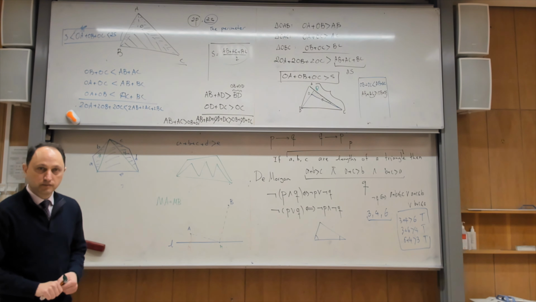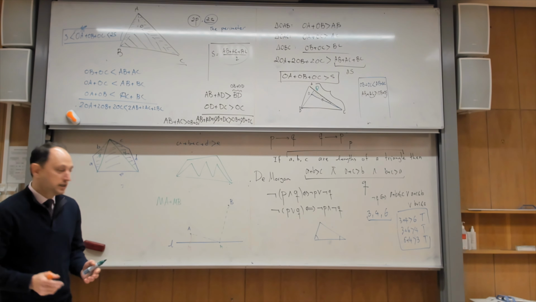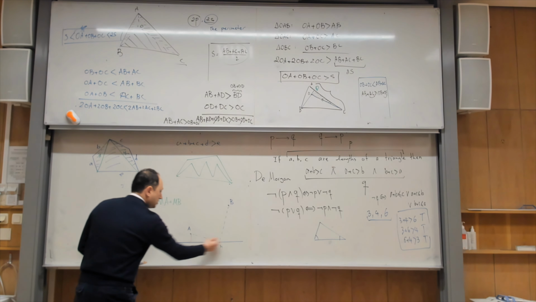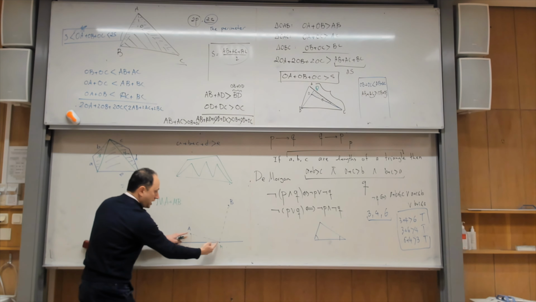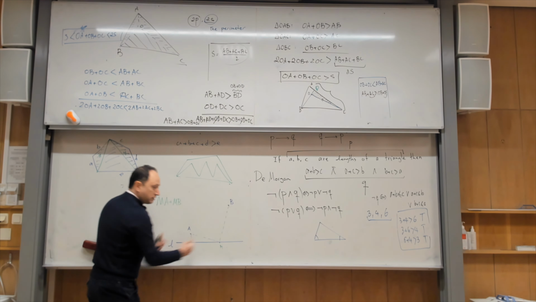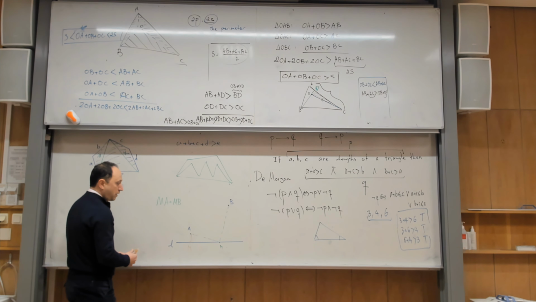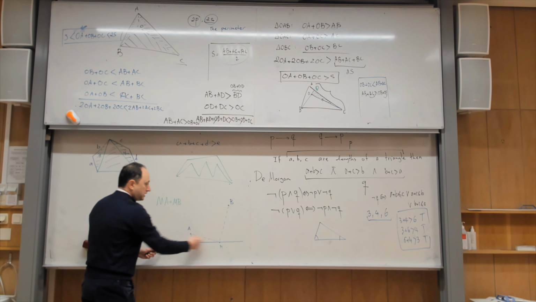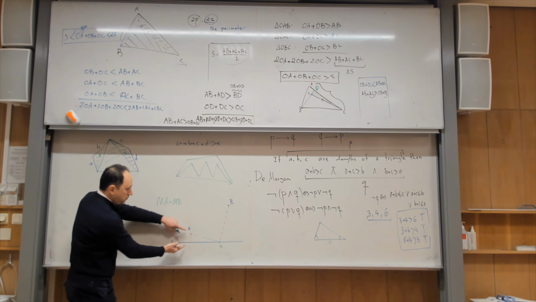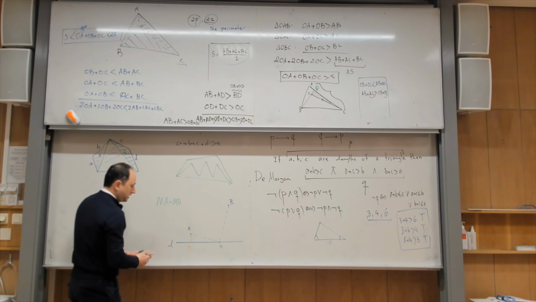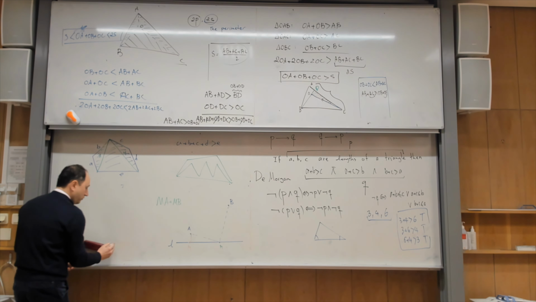Is that understandable? Is that clear? Because when I start changing M, I am changing these lengths. I don't care about individual lengths. I want to care about the sum of these two lengths. If you go very, very far away, this is useless. I hope that you agree with me.